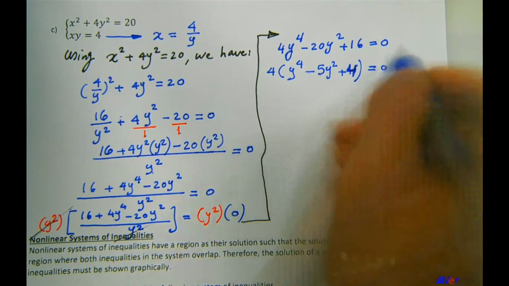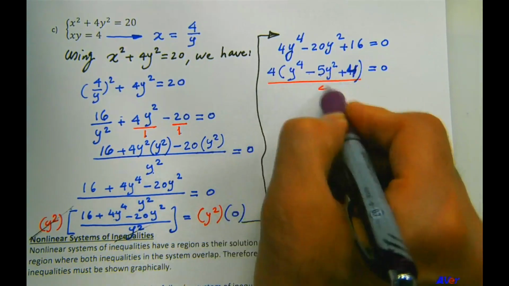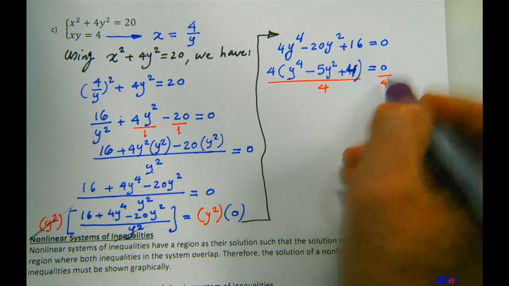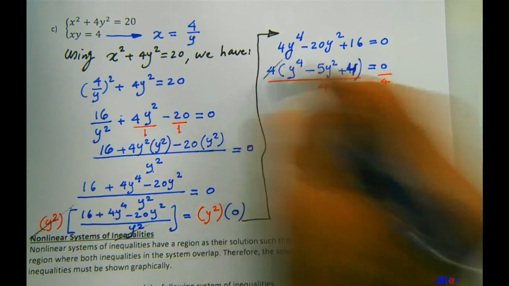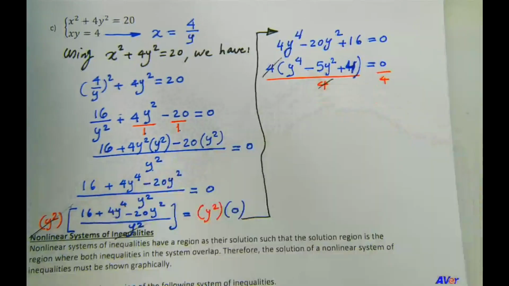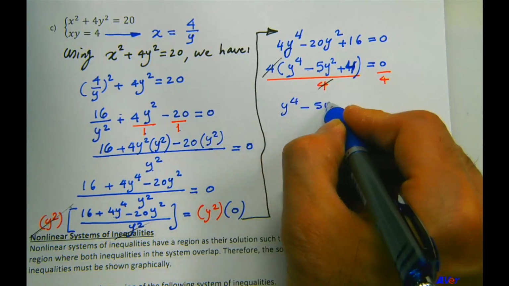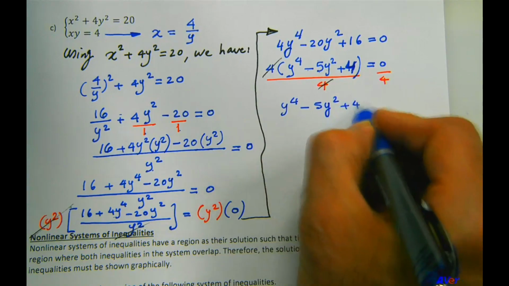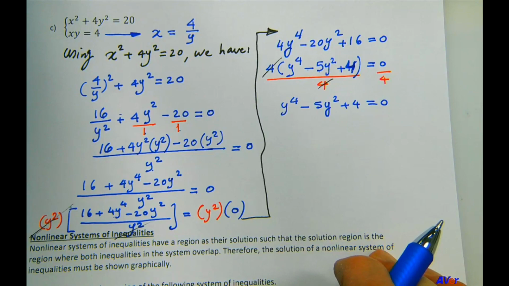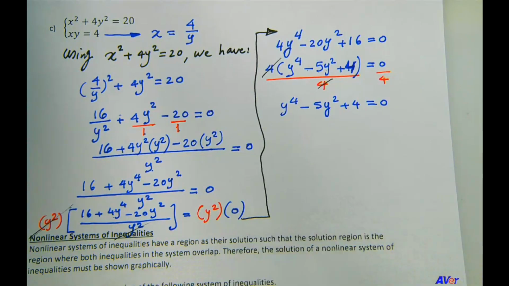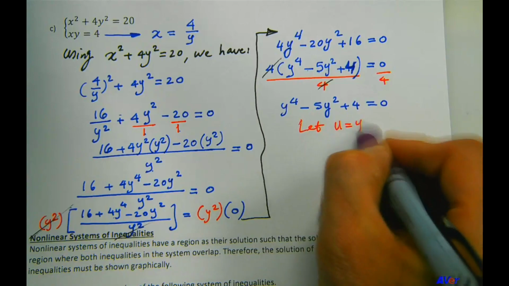Equals 0. So once again, let's divide both sides by 4, like that. So on the left, the 4's cancel out. We end up with y to the 4th minus 5y squared plus 4 equals 0. Right? So now let's use the U substitution method. So let U be y squared.